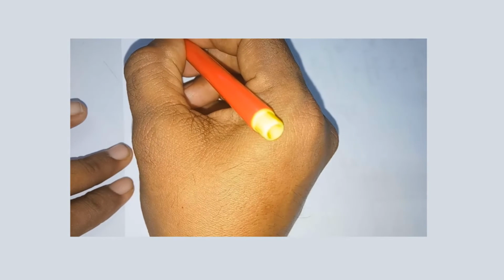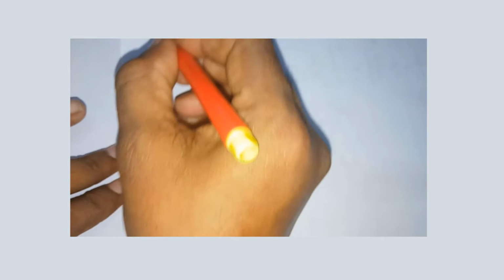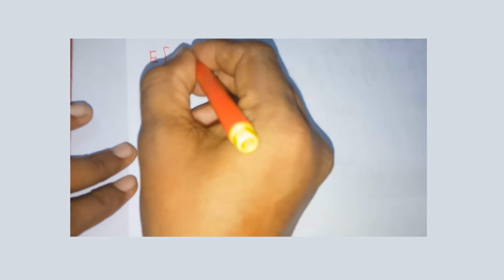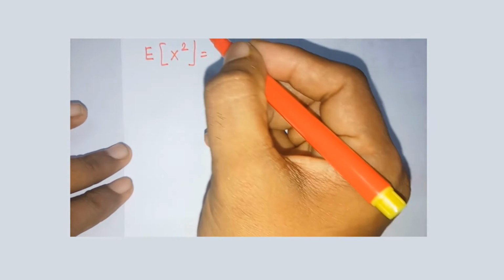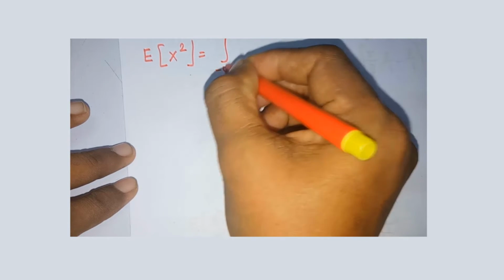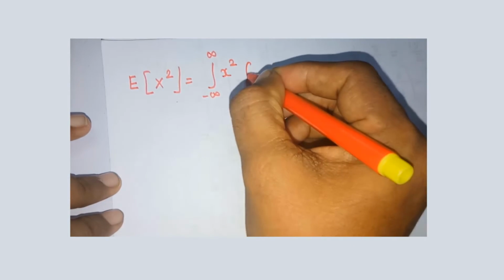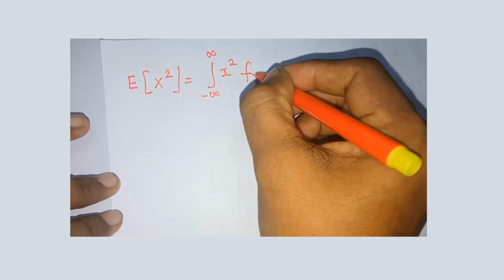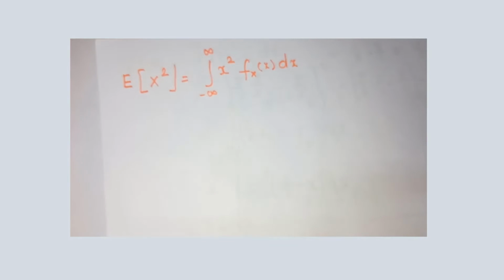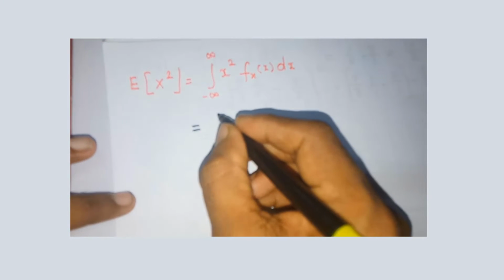Now we have already obtained the value of E of x, that is the mean value. The next thing we are supposed to find is the value of E of x square. In order to find E of x square, the formula is integration from minus infinity to plus infinity x square into the function f of x dx.